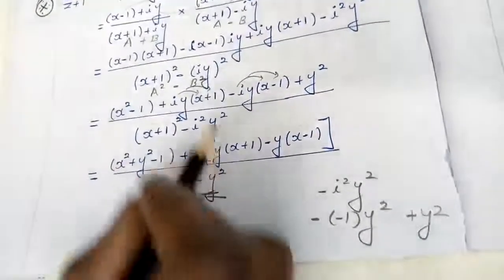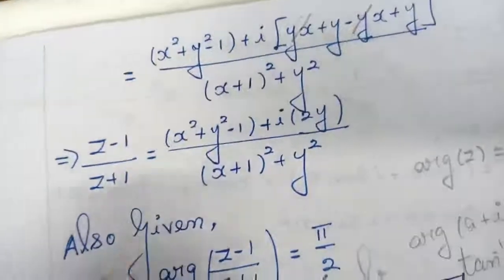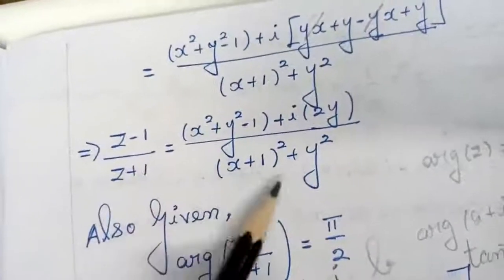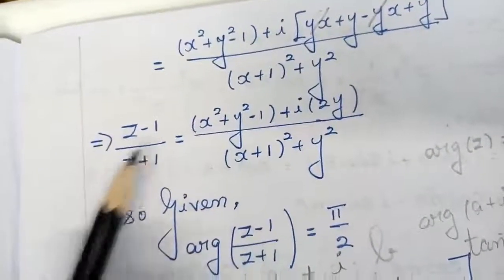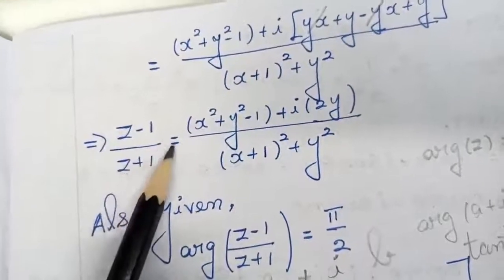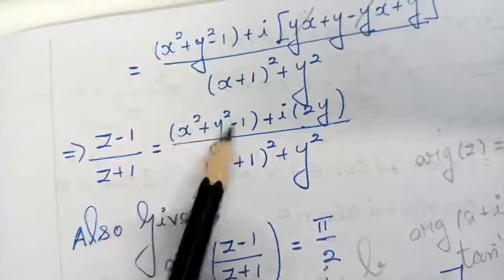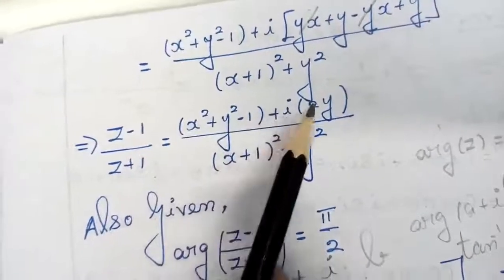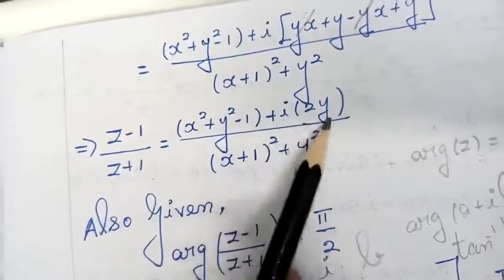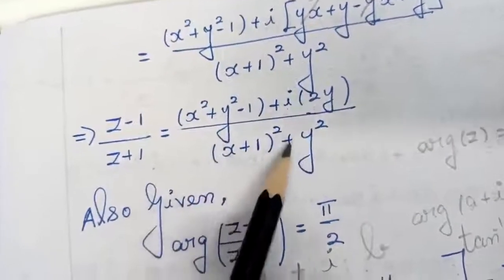Do the calculation in this way, and after simplifying you will get a value like this, that is (z minus 1) divided by (z plus 1) is equal to (x square plus y square minus 1 plus i into 2y) divided by ((x plus 1) whole square plus y square).